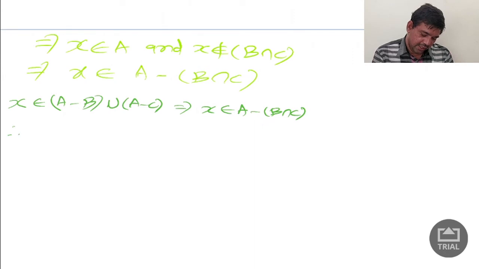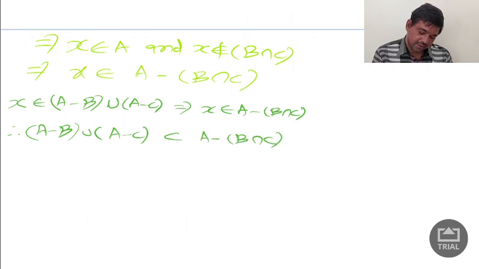So from this what we can write? We can write that a minus b union a minus c subset of a minus b intersection c. Call it as equation 2.